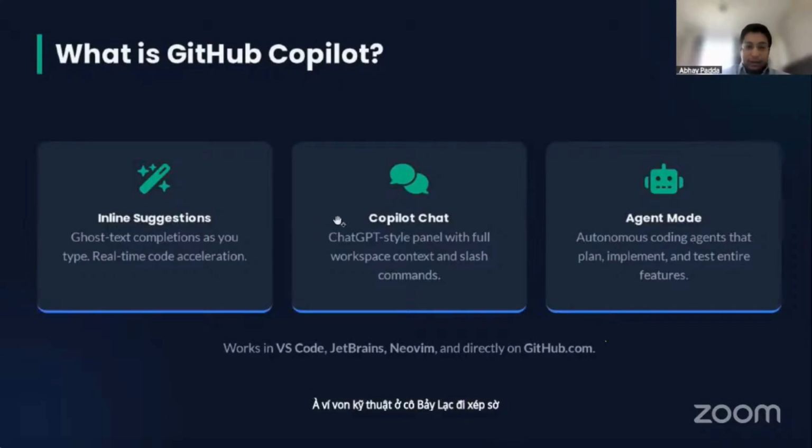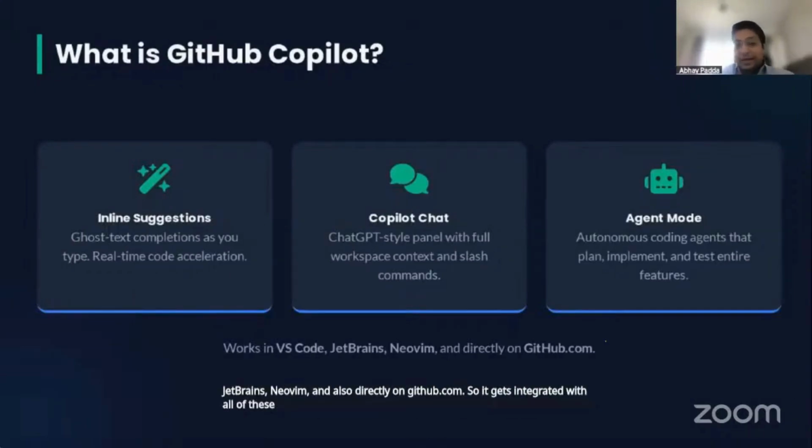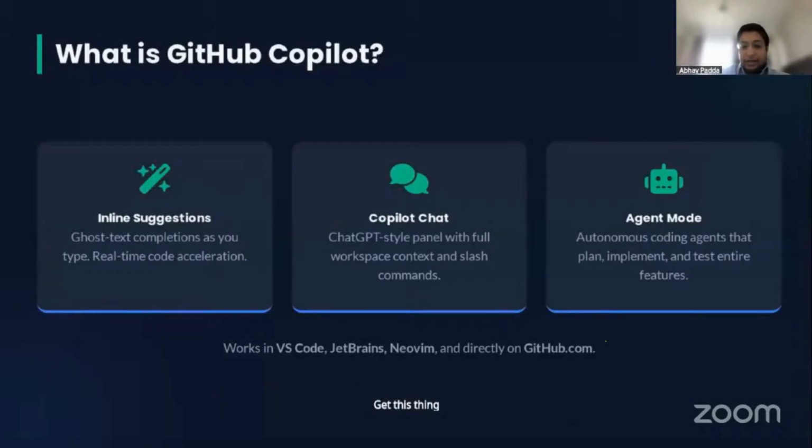So GitHub Copilot works in VS Code, JetBrains, Neovim, and also directly on github.com. So it gets integrated with all of these, and it is fairly easy to get this thing done, right? So we are going to use the VS Code versions of it.